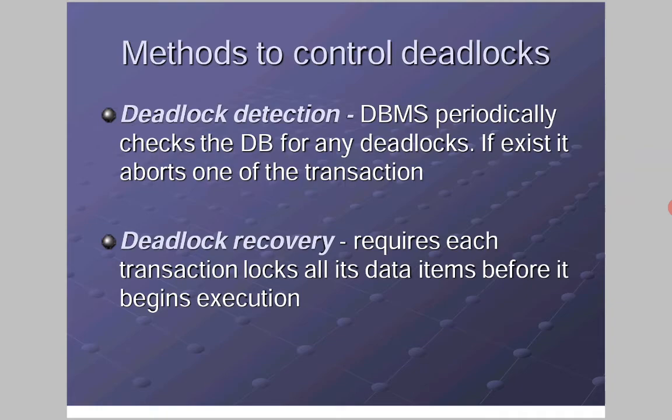Deadlock detection means the RDBMS periodically checks the database for any deadlocks. If one exists, it aborts one of the transactions. Deadlock recovery means it simply requires each transaction to lock all its data items before it begins execution.